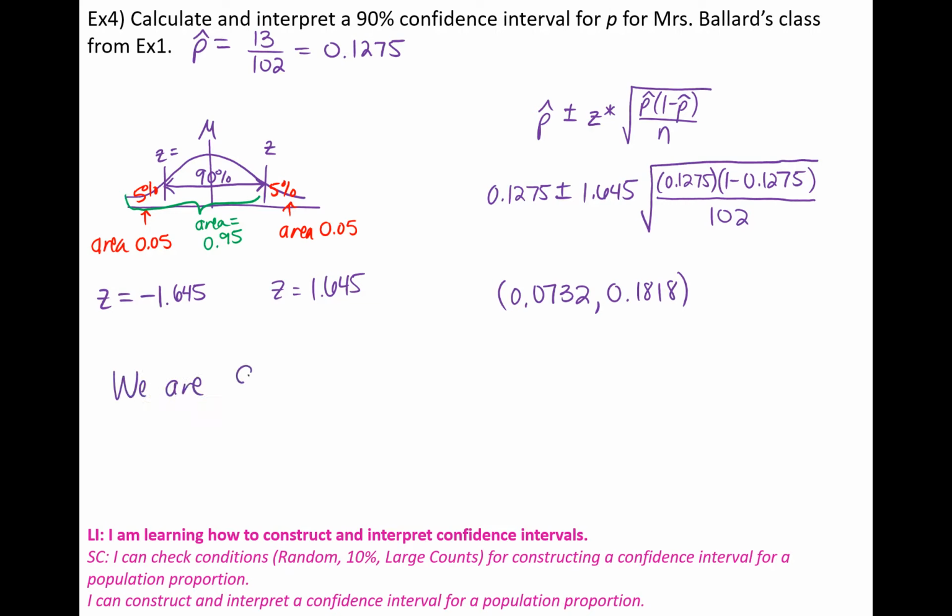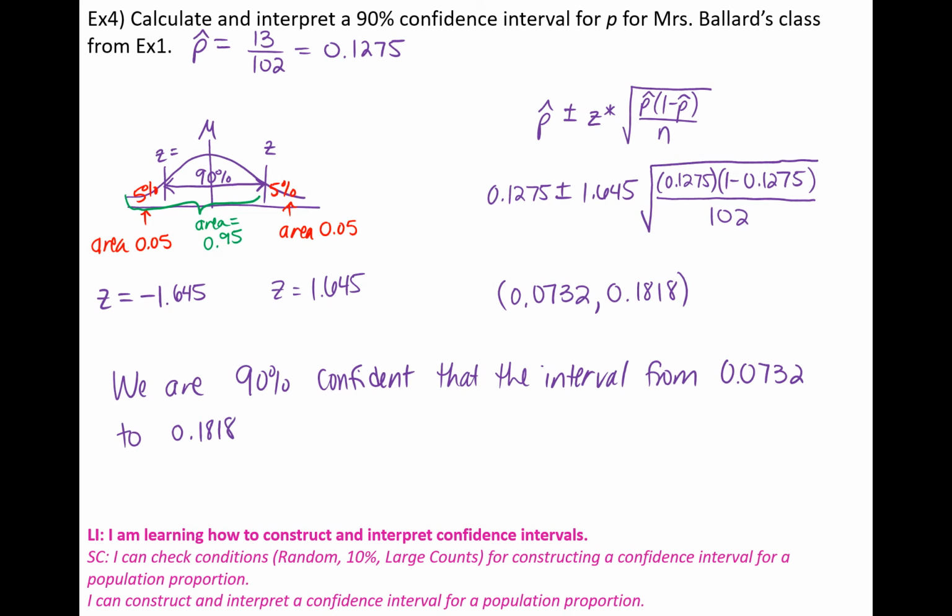We are 90% confident, because that was our confidence level, that the interval from 0.0732 to 0.1818 captures the true population proportion, or we can just say proportion, because it is implied if we say the word true that we are talking about the population.